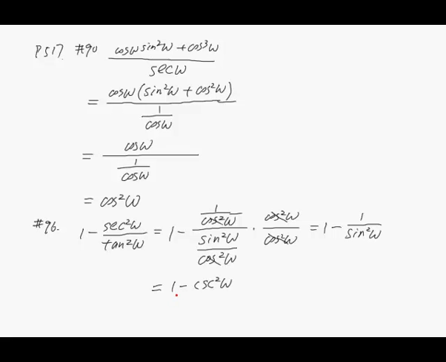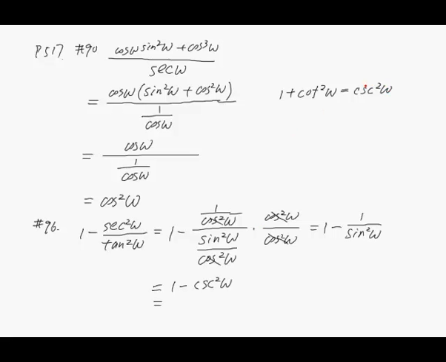Remember one of the Pythagorean identities, right? So let me write that out. Okay, Pythagorean identity, we know 1 plus cotangent square w equals cosecant square w, right?